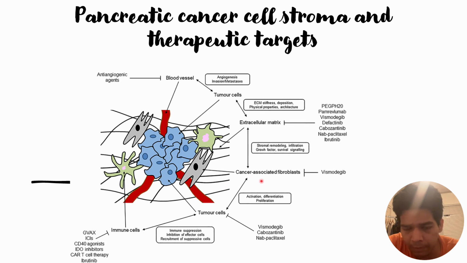These can also be disrupted using commercially available therapeutic agents, that is vismodegib. Vismodegib acts not only on the cancer-associated fibroblast, but also on other extracellular matrix components. It has multiple effects: it is able to overcome the extracellular matrix and cancer-associated fibroblast, and it can also attack the tumor cells.